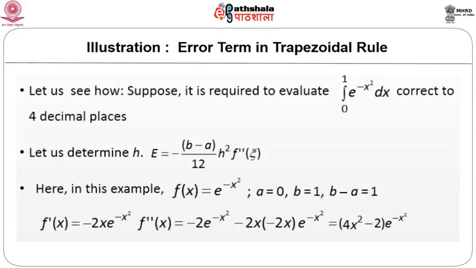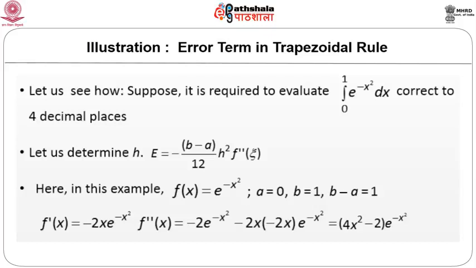Suppose we are required to evaluate the integral 0 to 1 of e raised to minus x square dx correct to 4 decimal places. As our objective is to get the answer correct to 4 decimal places, our error term should be less than half into 10 raised to minus 4. So, we need to choose an h in such a way that the error will not exceed half into 10 raised to minus 4.